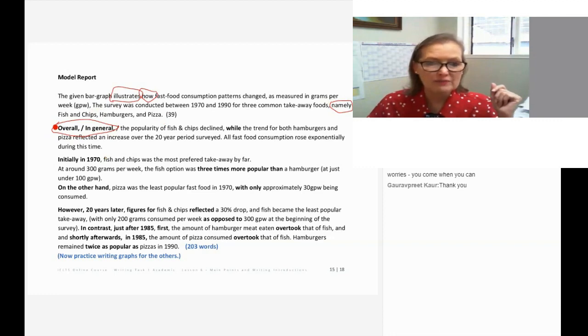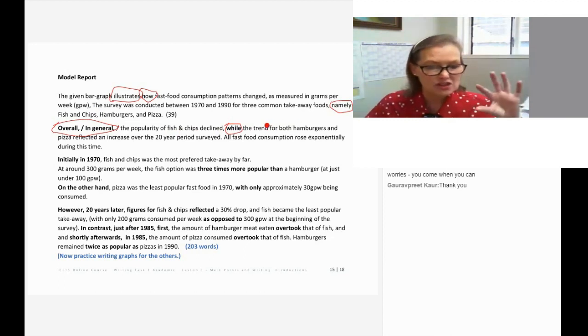So very often we are able to use words like the most popular. Have a look at how I turned that around. The popularity of fish and chips. So this is what I meant by talking about the most popular, the least popular. See, I've used that structure down here, the least popular. I'm using that with my superlative, the least popular.